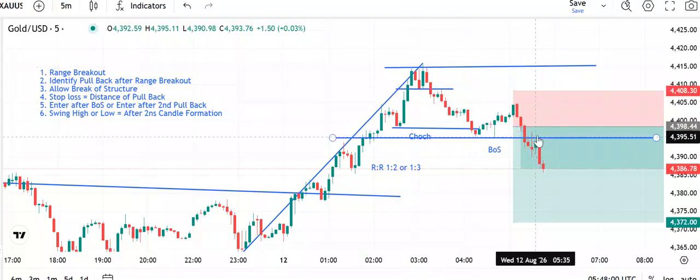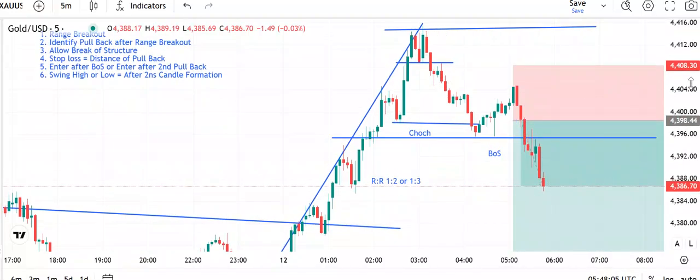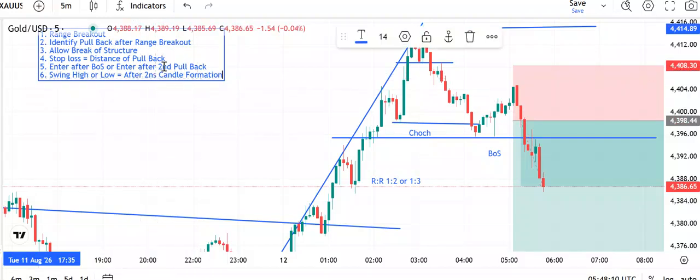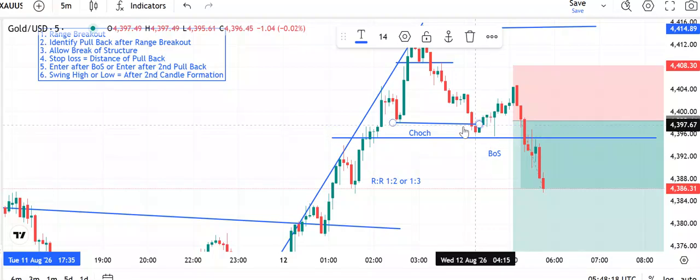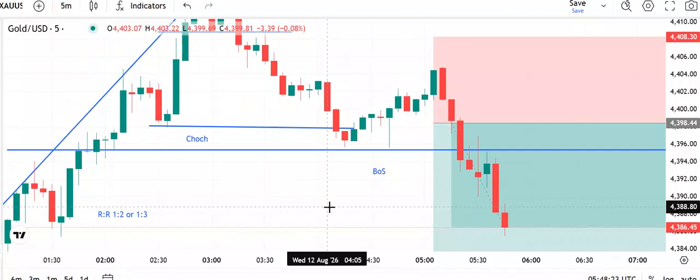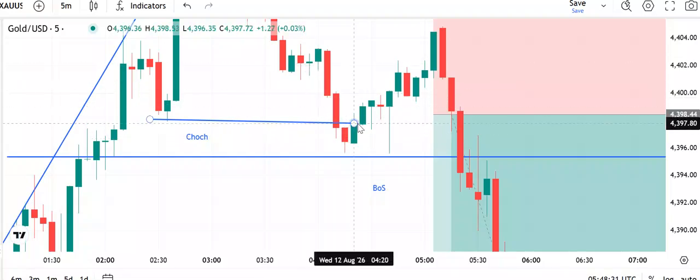And for you to know your swing, that's after second candle formation. Second candle formation. So this is for this particular swing low. For this swing low, price has been dropping. Now you have the first candle formation, bullish candle formation, and the second bullish candle formation.